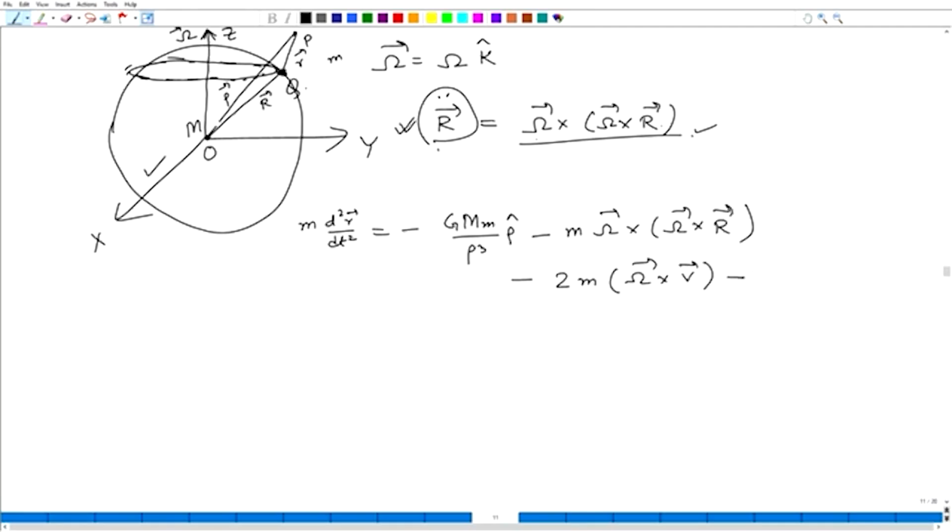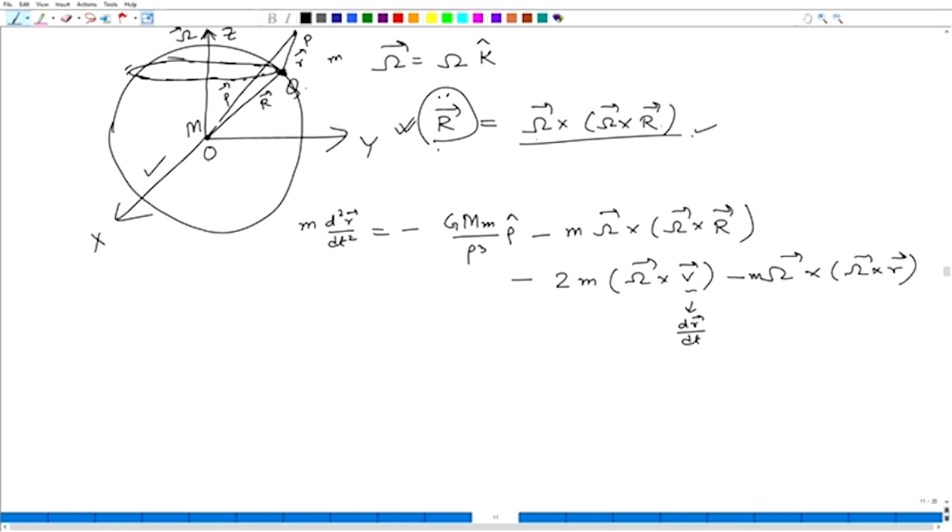So, this v is again the velocity of the particle with respect to this non-inertial frame of reference, that is dr dt, and finally it will be minus m omega cross omega cross r, that will be all.